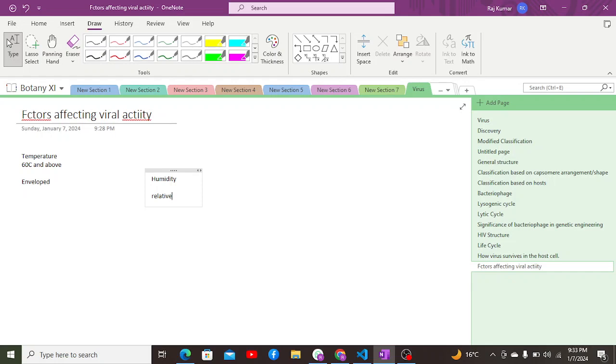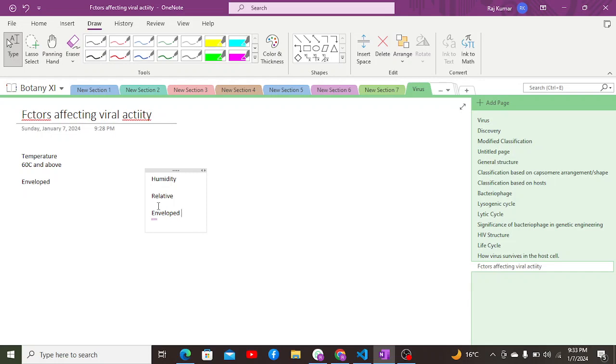Suppose we have hot air. In hot air, the capability to hold water vapors is higher as compared to cold air, as a result of which hot air has more relative humidity, and cold air has less relative humidity. Likewise, when it comes to some viruses such as lipid enveloped viruses, or simply enveloped viruses, they are more sensitive.